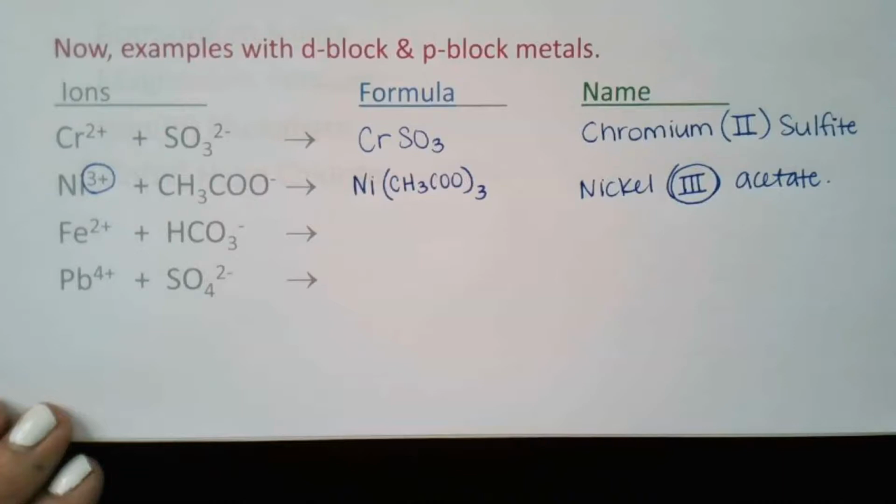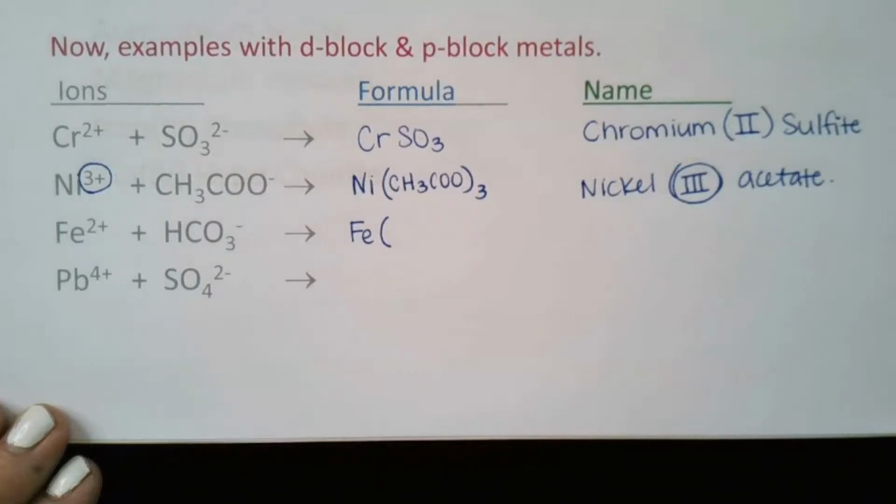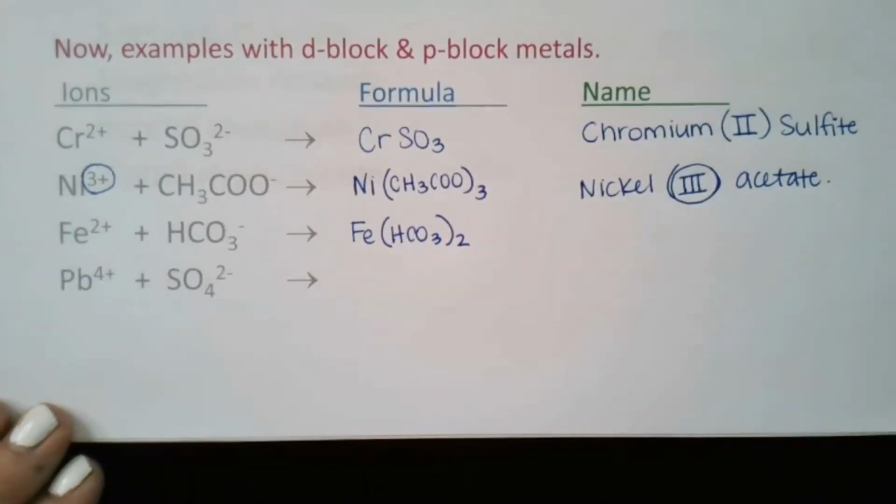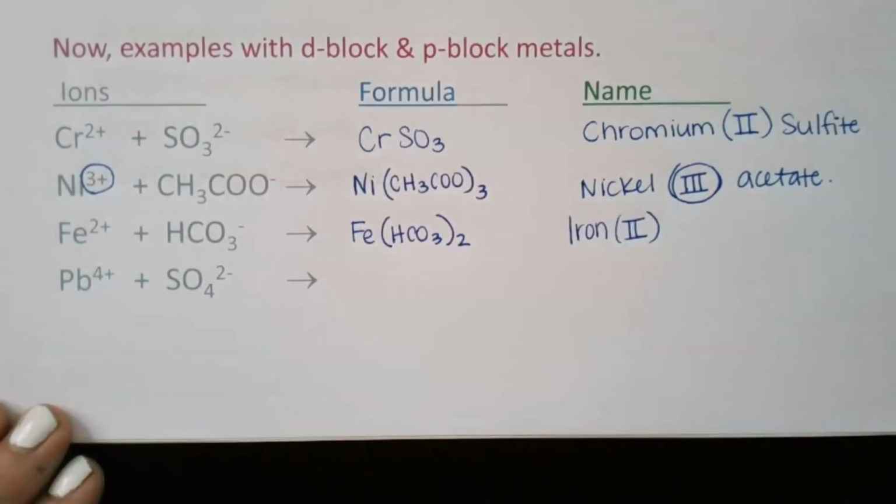We are going to crisscross these ones. So we end up with Fe(HCO3)2, with the 2 on the outside of the parentheses. And this one is called iron 2 hydrogen carbonate. Iron 2, because iron needs to indicate its charge.